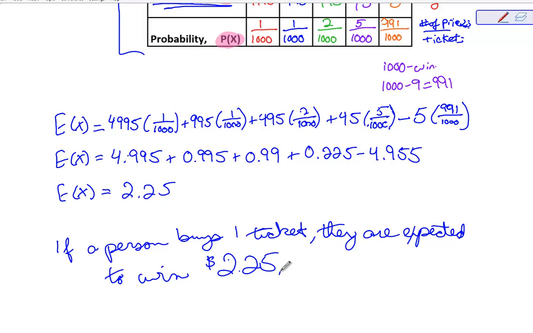One thing about expected value, you can end up with negatives because some games are expected to have a loss, which is fine. Don't panic if you get a negative value right here. That is perfectly valid. You can expect to lose on some games. And it just means instead of expected to win, you're going to be expected to lose if you get a negative here. Try some of these for the mean, variance, standard deviation of the probability distributions. Also try some expected values, and let me know if you have any questions.